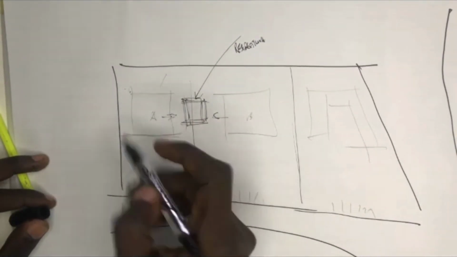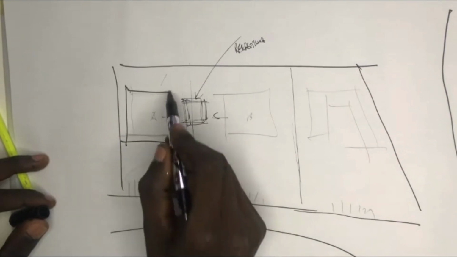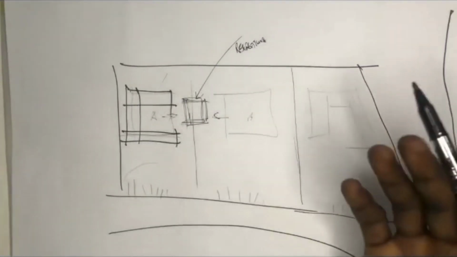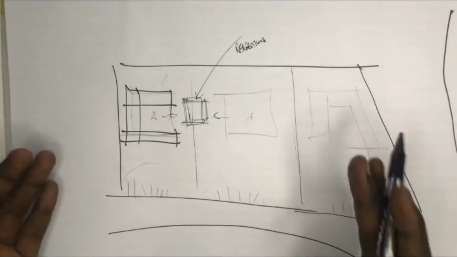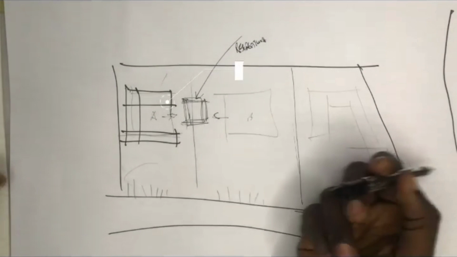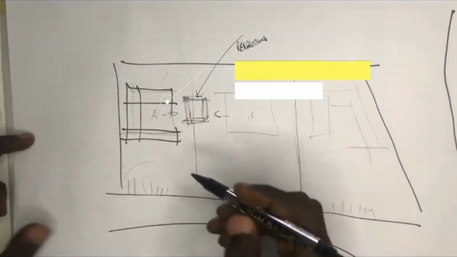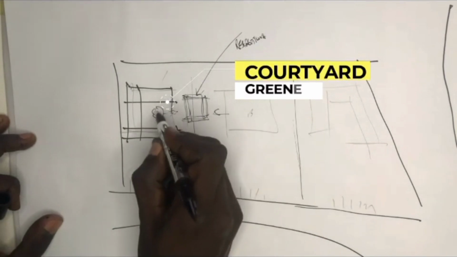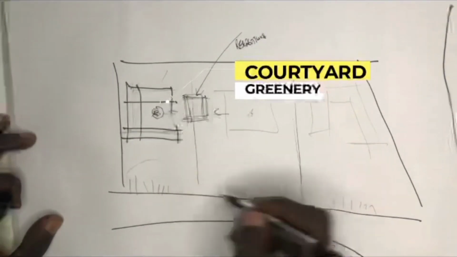About the apartment itself, I was much concerned about fusing sustainable architecture with minimalist architecture. So I decided to introduce a lot of greeneries and a courtyard right here.